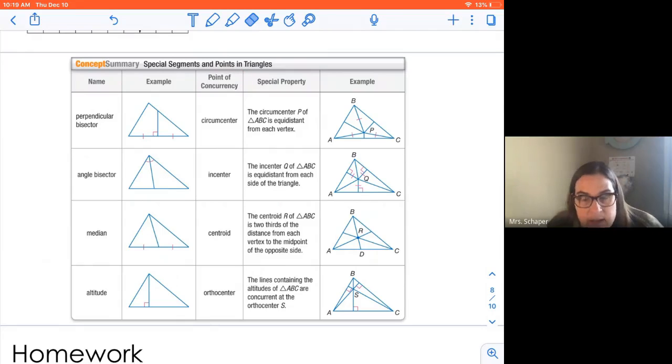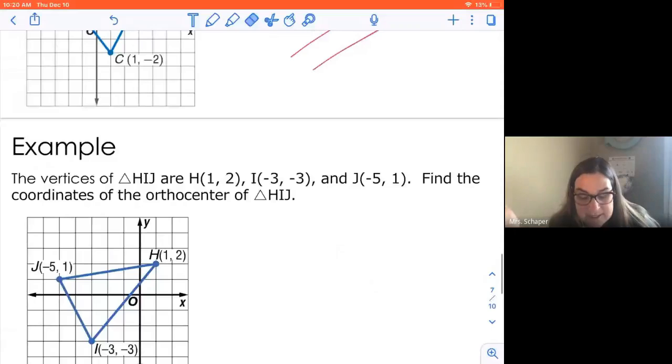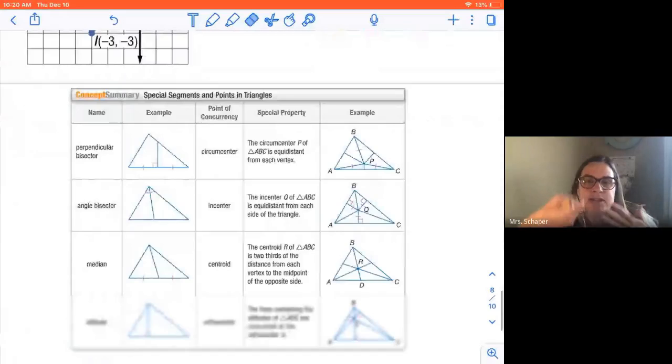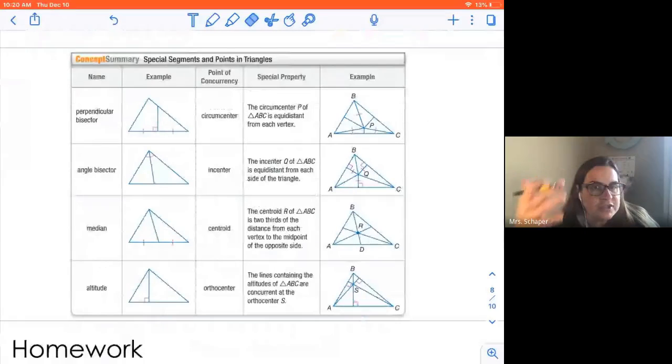That's how much I need you to study and prepare for this, because on your assessment, I'm going to ask you to tell me something about the angle bisector. And if you don't know what we know about its point of concurrency, that's going to make it challenging. So I want you to be able to study this. You might just happen to see it. And again, if you've got questions on finding the orthocenter, please ask. It's one of those that I want to dialogue about rather than just have you listen.